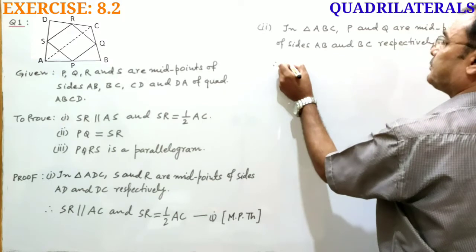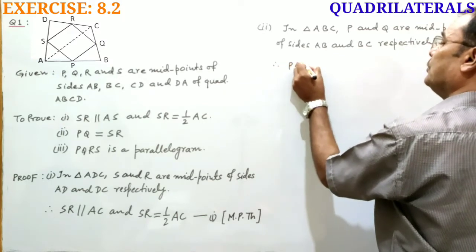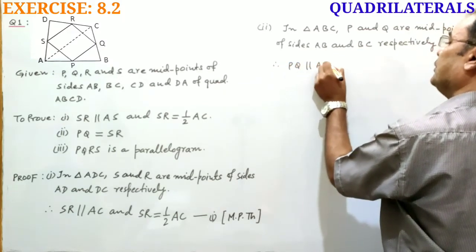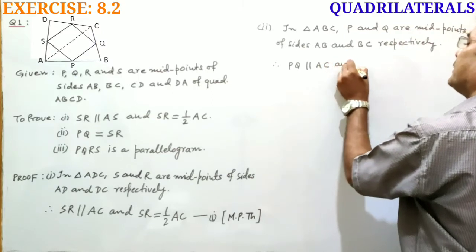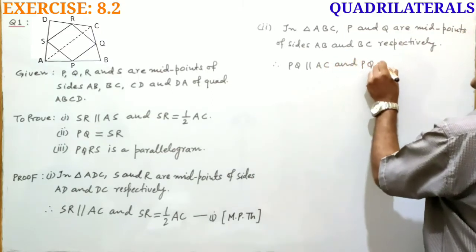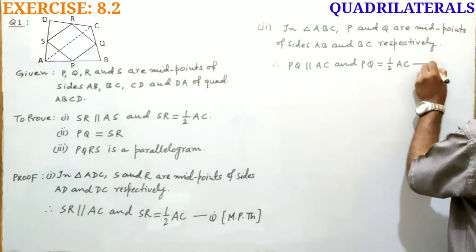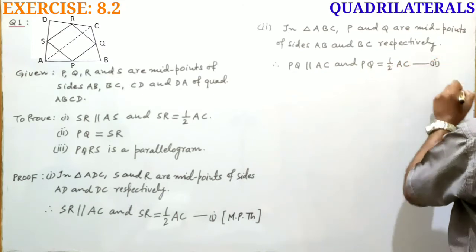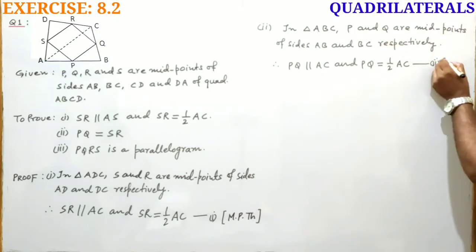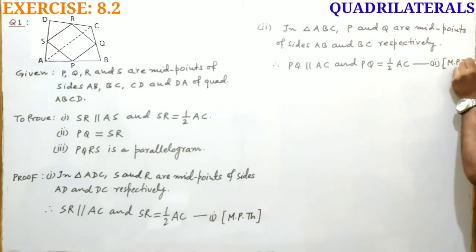Therefore, PQ is parallel to AC and PQ is equal to half AC. Let it be equation number 2, and this result also we have written from midpoint theorem.